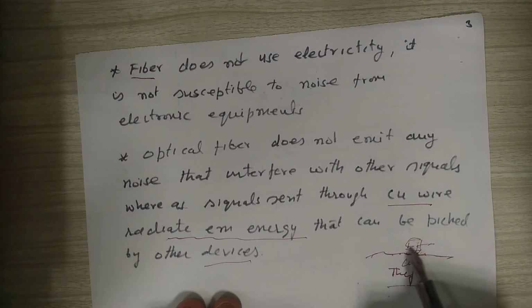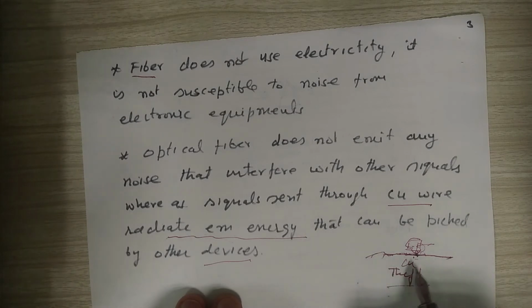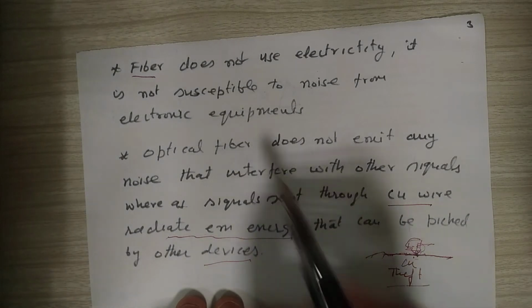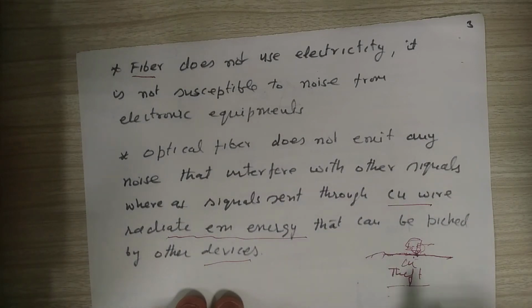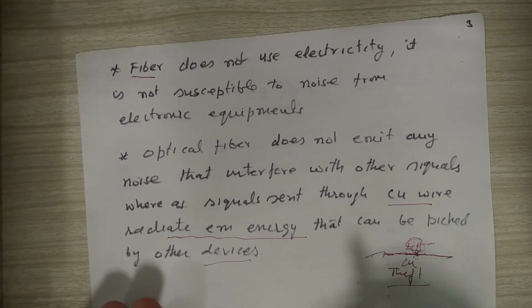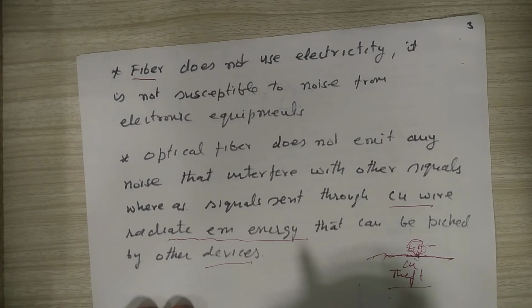If we place here any device, because the light signal is propagating, it will not radiate any kind of this type of energy. So this energy cannot be picked up by another device. So with the help of the optical fiber system, theft is not feasible. That cannot take place with this type of optical fiber based system.